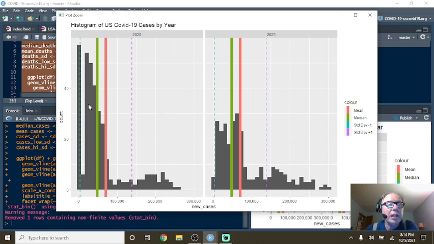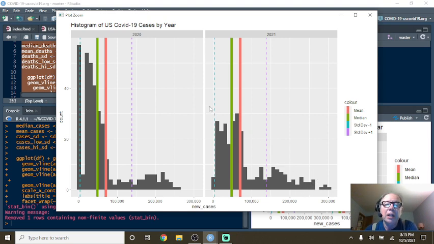So you can see in both these cases, the skew to the right pulls the mean to the right of the median line. The median is the 50-50 dividing line, as opposed to the average, which is the average of all the reported numbers here. So you can see 2021's cases have a much lower profile. Unsymmetric, unimodal, both of them right skewed.